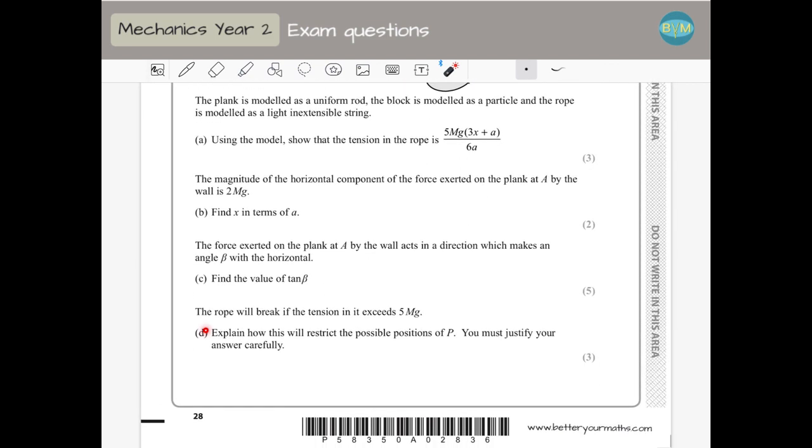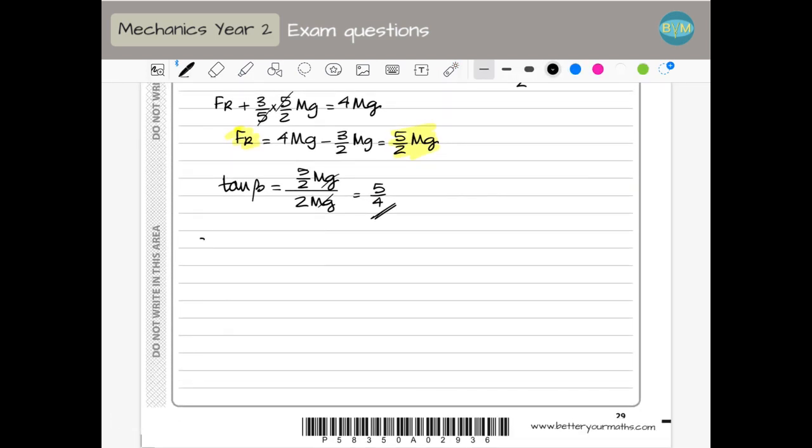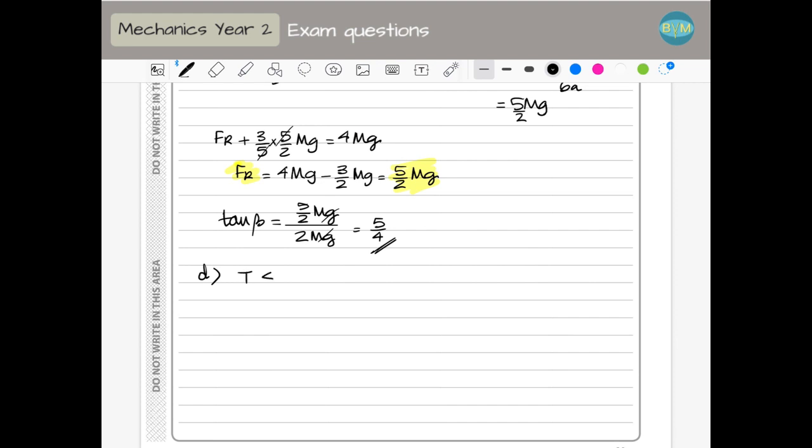What does it say? The rope will break if the tension in it exceeds 5 mg. Explain how this will restrict the possible positions of P. So the tension cannot be greater than 5 mg. So the tension, this was D, must be smaller or equal than 5 mg, because if it's greater than that, it will break.